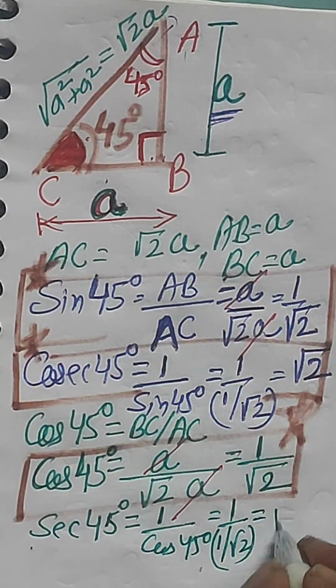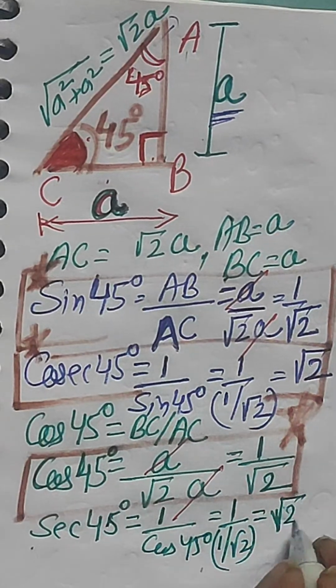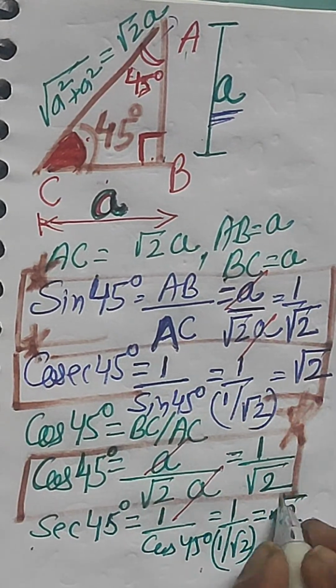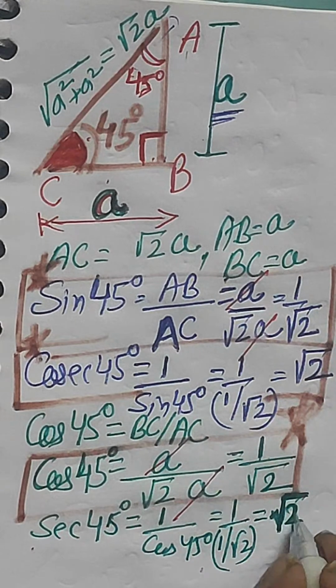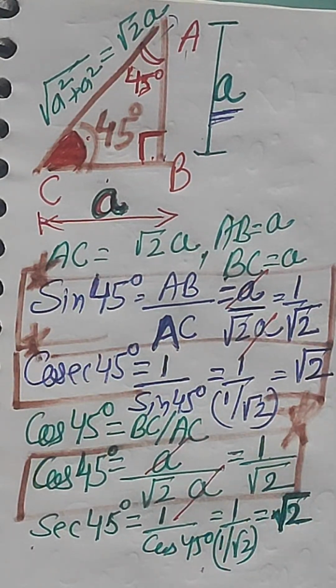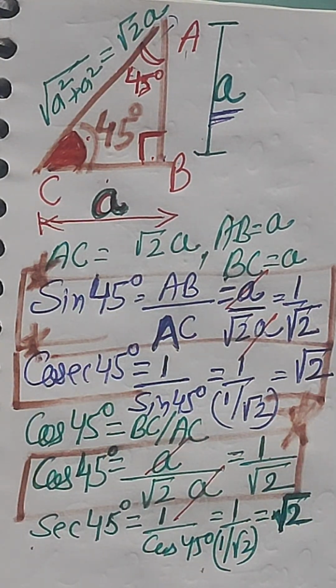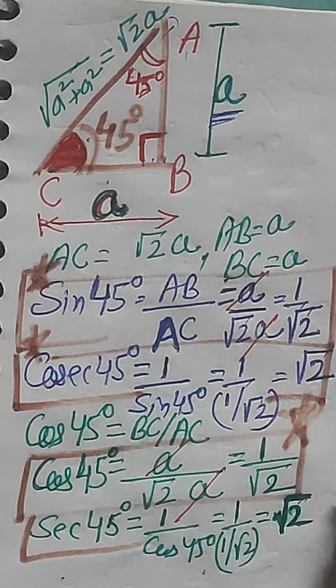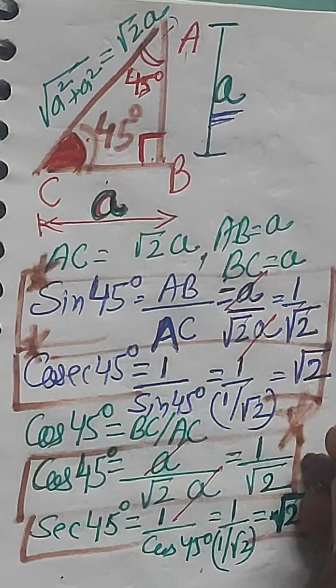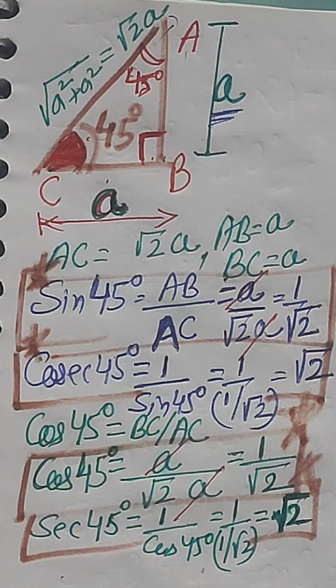So we get the value of sec 45 as root 2, only root 2. So root 2 is the value of sec 45 degree, right?